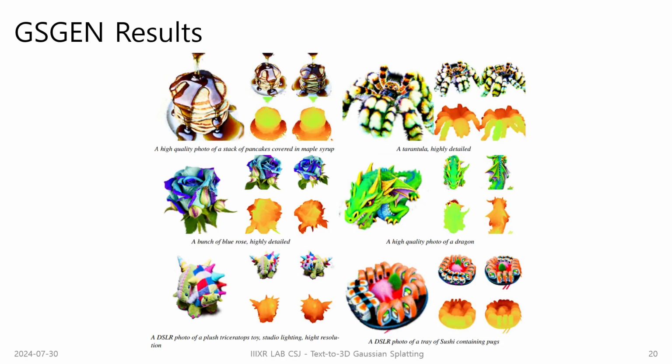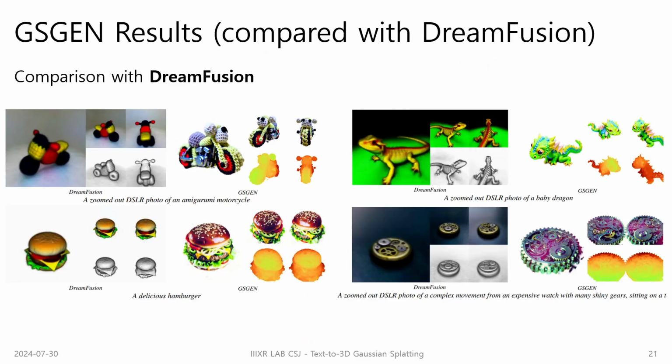Here are the results of GSGEN based on various text prompts. Next, here are the results comparing GSGEN with state-of-the-art models in terms of quality. Compared to the initial model, DreamFusion, GSGEN demonstrates superior quality.